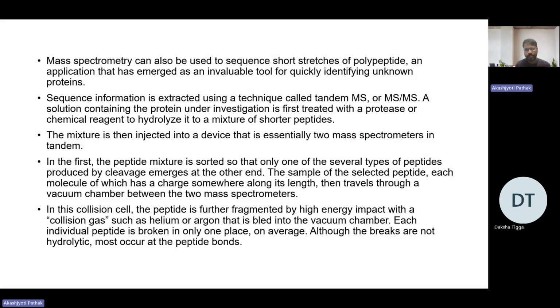Once you treat it, your protein will get hydrolyzed into a mixture of shorter peptides. Now, this mixture is injected into a device that is essentially two mass spectrometers in tandem. In the first, the peptide mixture is sorted so that only one of the several types of peptide produced by cleavage emerges at the other end, and the sample of the selected peptide, each molecule of which has a charge somewhere along its length.